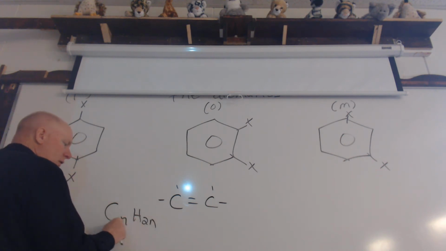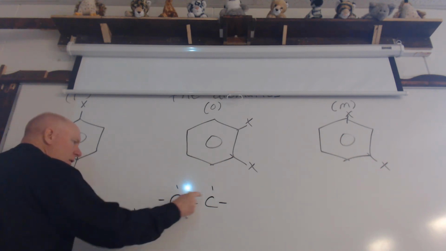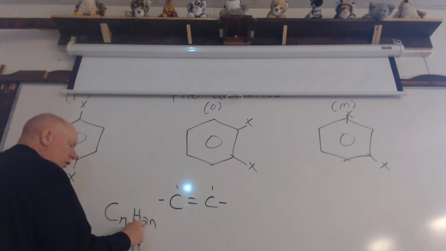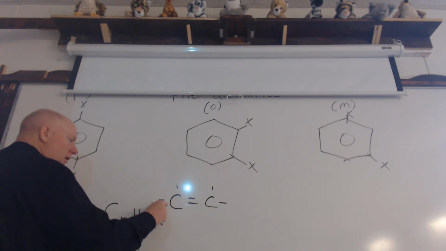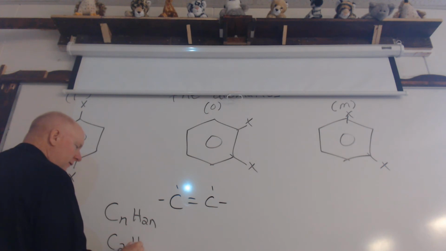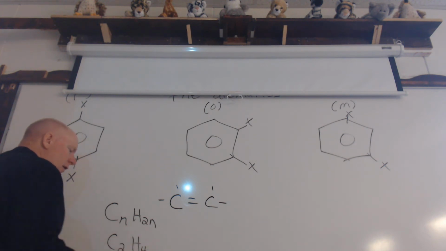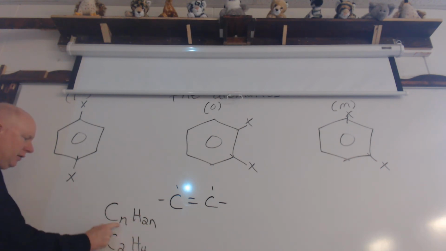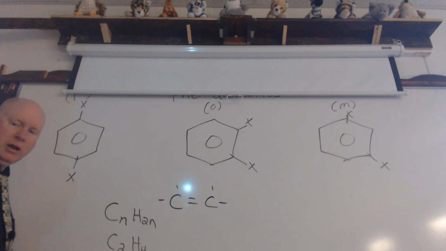So 2 goes in for that N, there's 1, 2. So how many hydrogens would that have? Well, 2 times the number that you had in here. So there is your 4 then, because again, you put N in there, that was 2. 2 times 2 gives you 4.